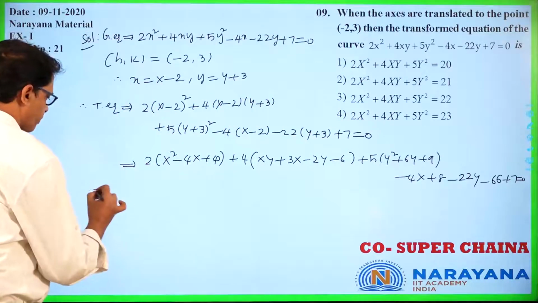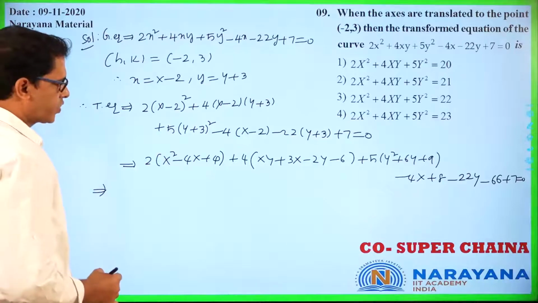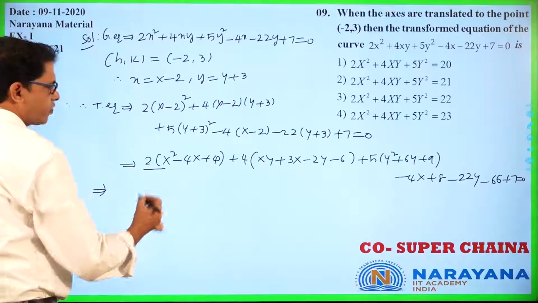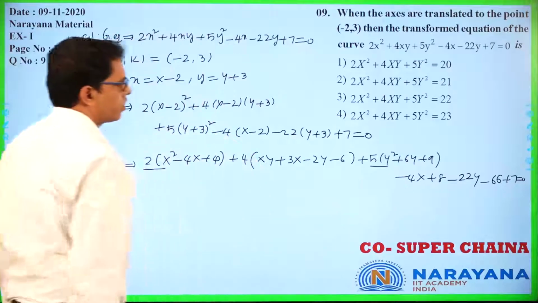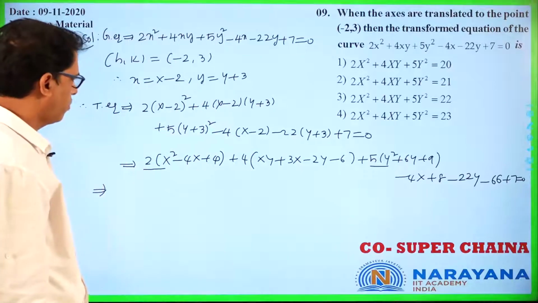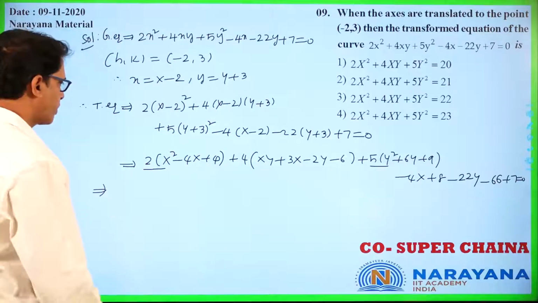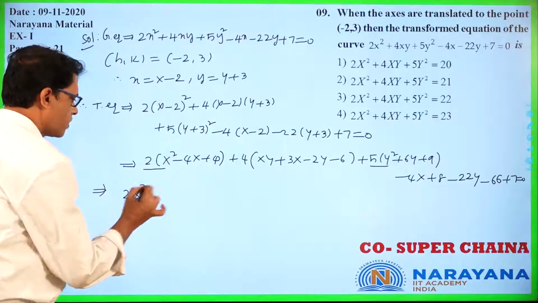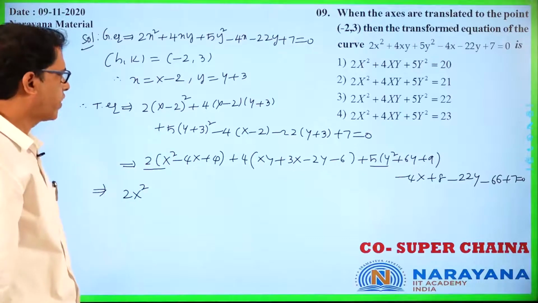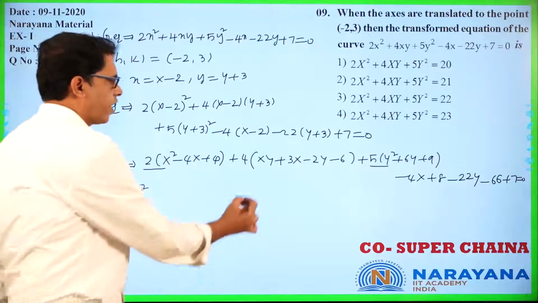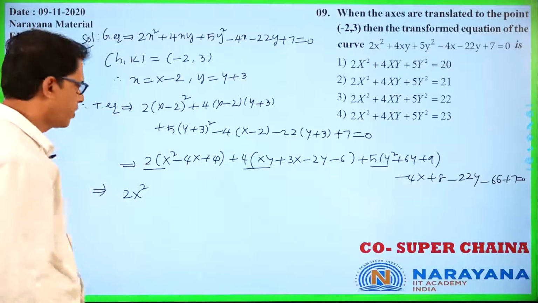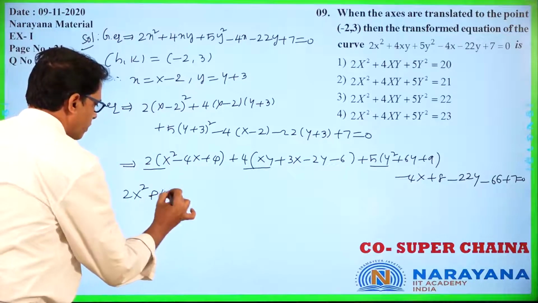Now write first the x square terms. Only one x square term, so 2x square. Then the xy term, here we have 4xy, so plus 4xy.